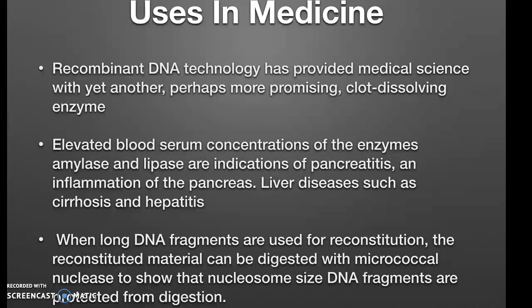So us finding an enzyme that can help with liver disease and help reduce cirrhosis and hepatitis is a really big finding. And it does so by, when long DNA fragments are used for reconstruction, they are reconstituted material that can be digested with micrococcal nuclease to show the nucleosome-sized DNA fragments and protect from digestion and breakdown and enzyme inhibition.